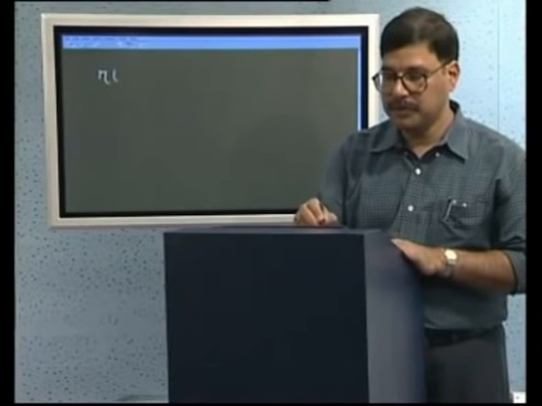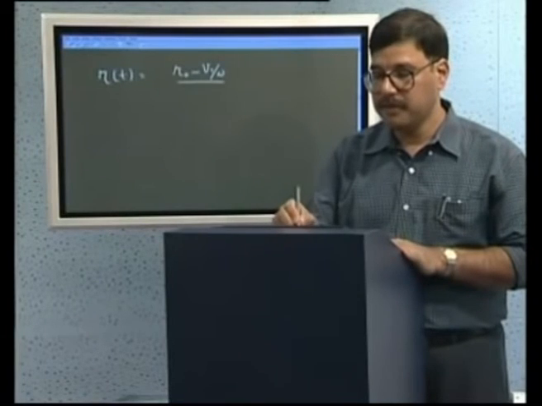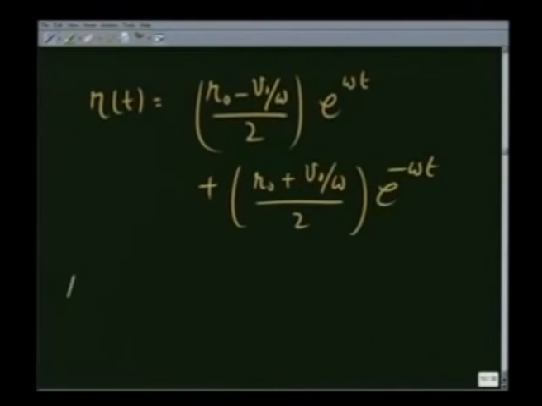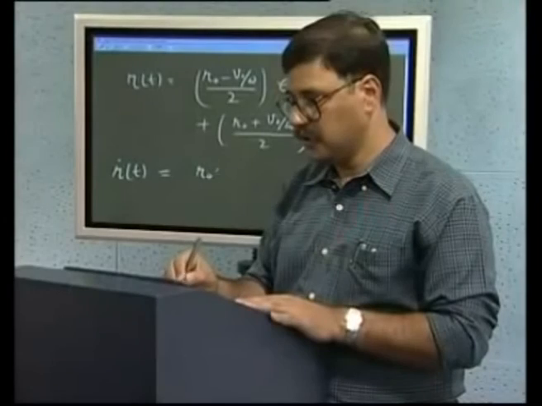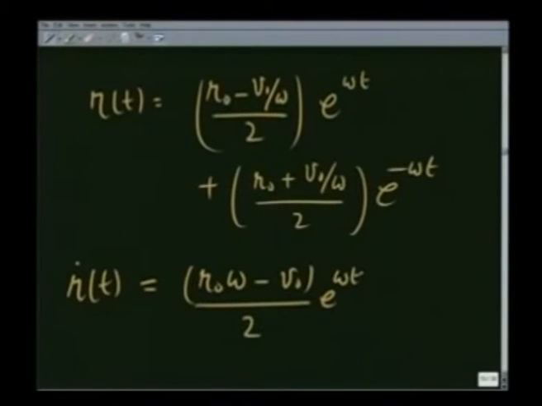So, my solution is going to be (r0 minus V0 over omega) divided by 2 e^(omega t) plus (r0 plus V0 over omega) divided by 2 e^(minus omega t), and therefore, r dot as a function of time is going to be (r0 omega minus V0) divided by 2 e^(omega t) minus (r0 omega plus V0) divided by 2 e^(minus omega t).